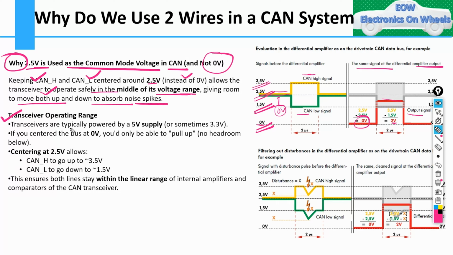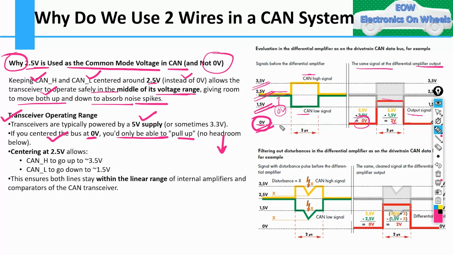The transceiver is typically powered by a 5 volt supply as we discussed, and sometimes 3.3 volt also, but the standard is typically 5 volt. If you centered the bus at 0, you would only be able to pull up, with no headroom below.